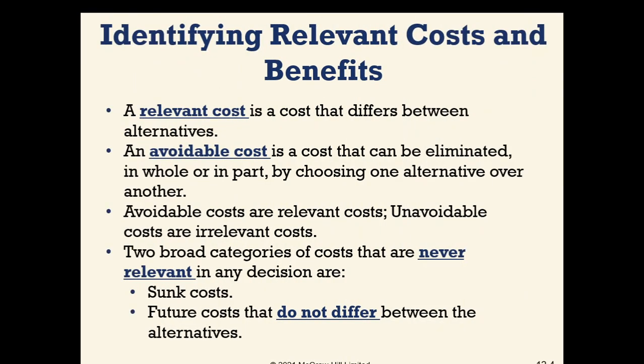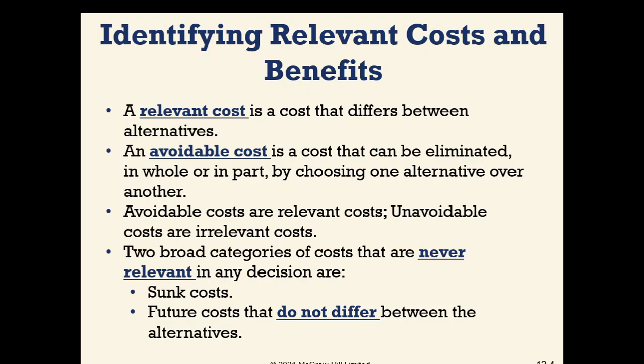So we start the discussion by looking at what is a relevant and what is an irrelevant cost. A relevant cost is a cost that differs between two different alternatives. An avoidable cost is one that can be eliminated in whole or in part by choosing one alternative over another. All avoidable costs are relevant costs.